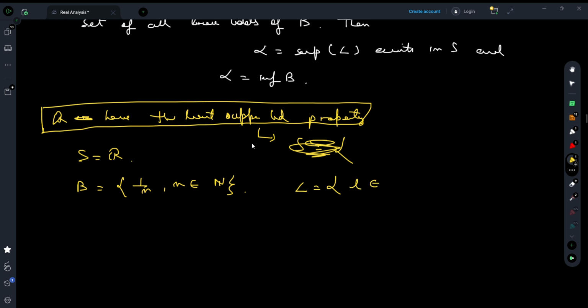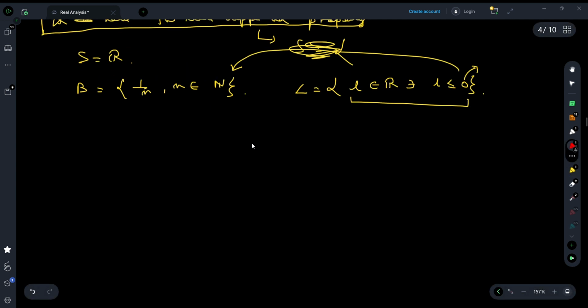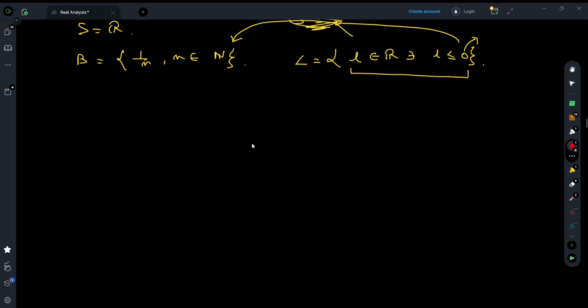Now see what L is in this case. L is basically 0 and every number less than 0, so L is the set of all elements l in R such that l is less than or equal to 0. What is the supremum of L? 0. And this 0 is indeed the infimum of B as well. Is it clear? This is what we actually need to prove.